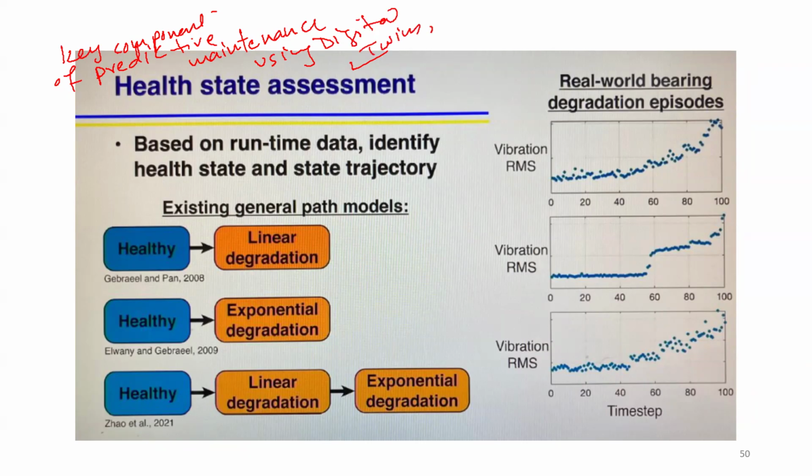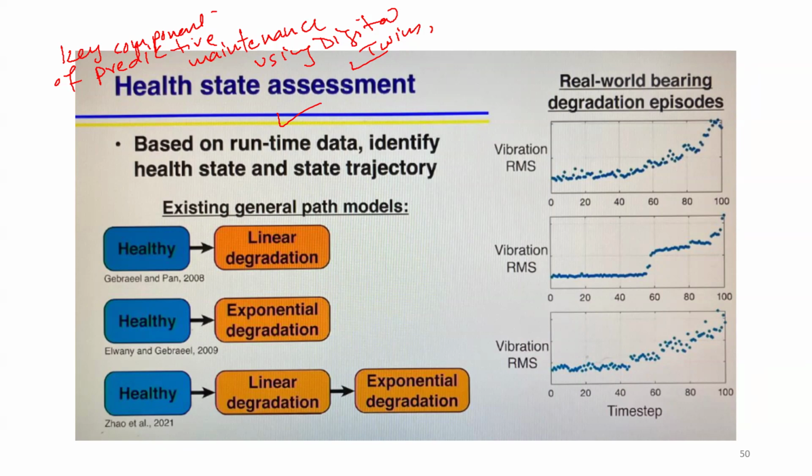And the idea is to use the real-time operational data, such as the vibration signals, to continuously assess the current health state of the machine and to predict how that state is likely to evolve over time. So this helps in identifying when a component is likely to fail long before it actually happens.